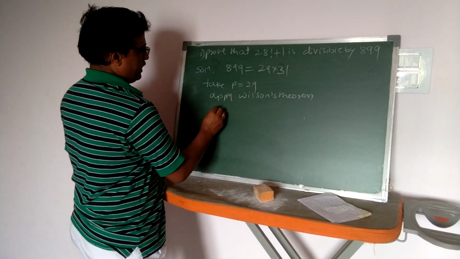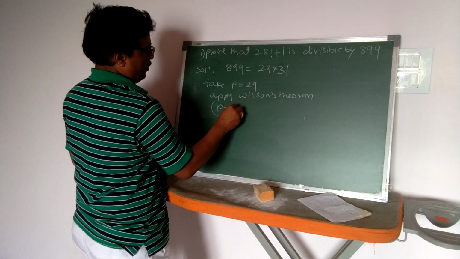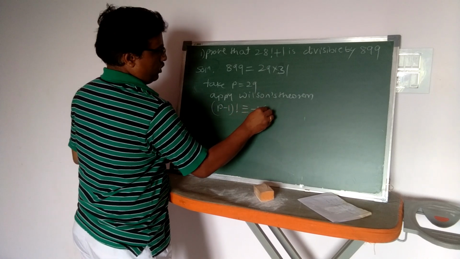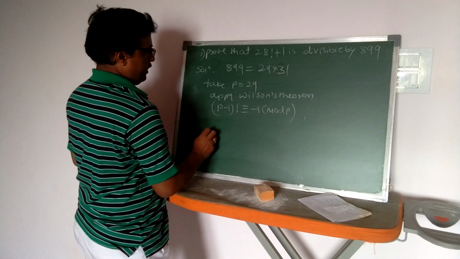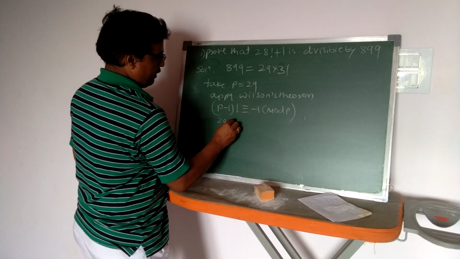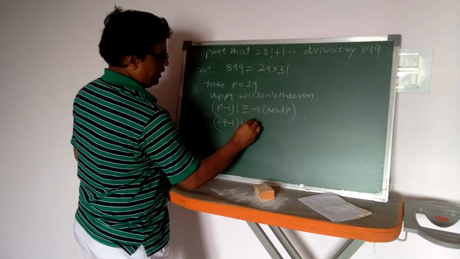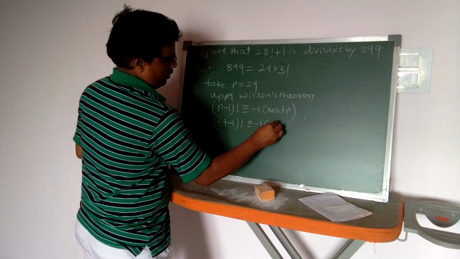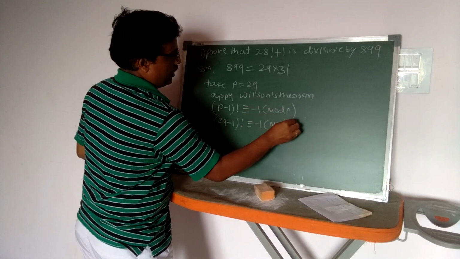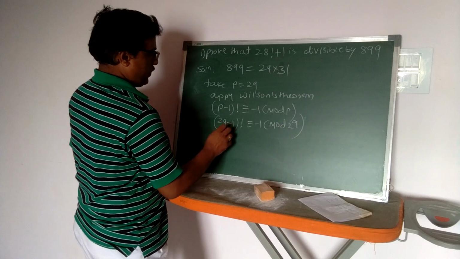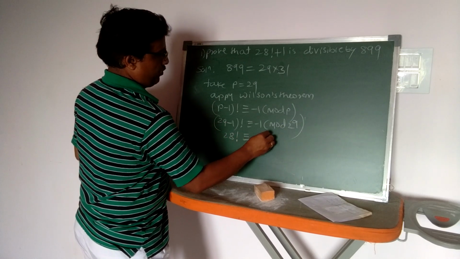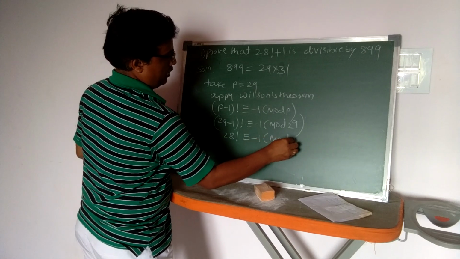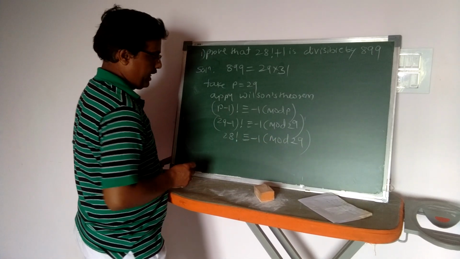So according to Wilson's theorem, we have p minus 1 factorial is congruent to minus 1 mod p. So substitute here p as 29. So 29 minus 1 factorial is congruent to minus 1 mod 29, and 29 minus 1 is 28. 28 factorial is congruent to minus 1 mod 29.